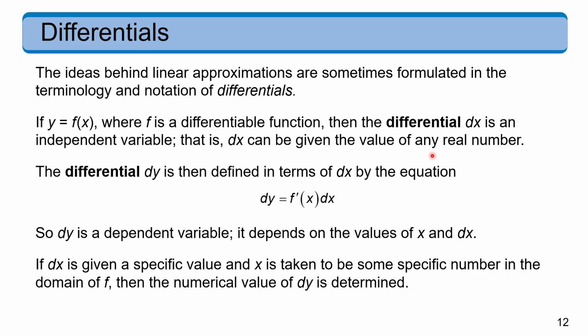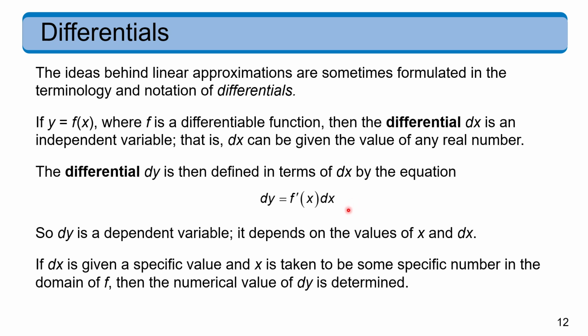Once you choose dx, it determines what dy will be. So dy is a dependent variable, because it depends on your choice of dx. Now here's how we define dy. You take your given function f, you calculate its derivative, and then you multiply it by the differential dx. Now we'll explain why it's defined this way as we go through the rest of the section.